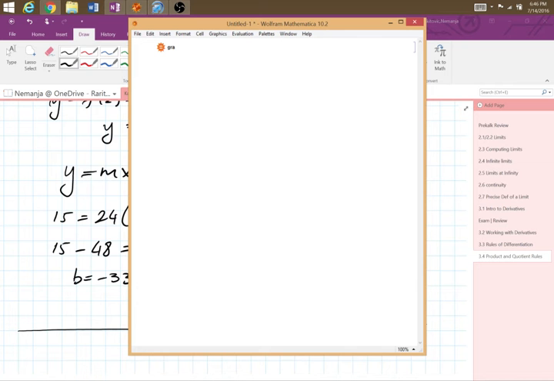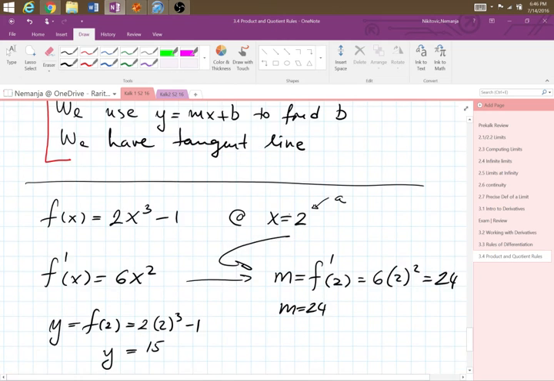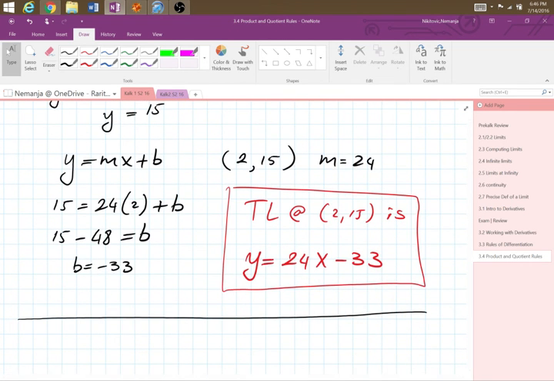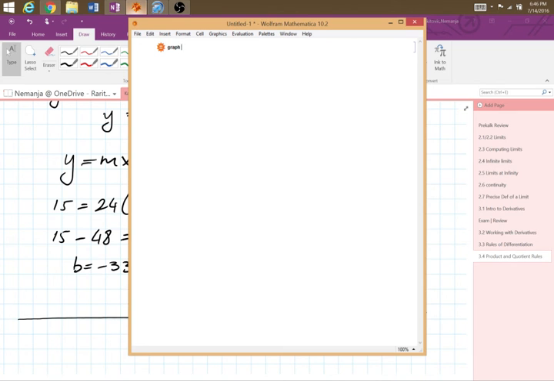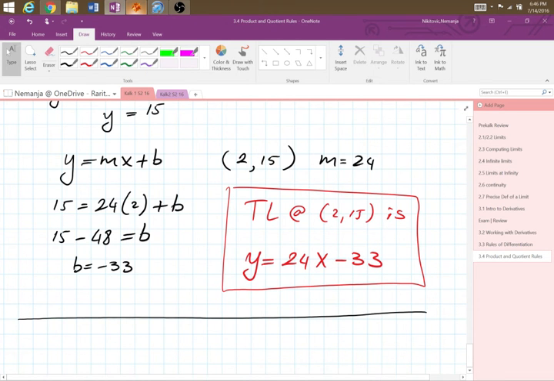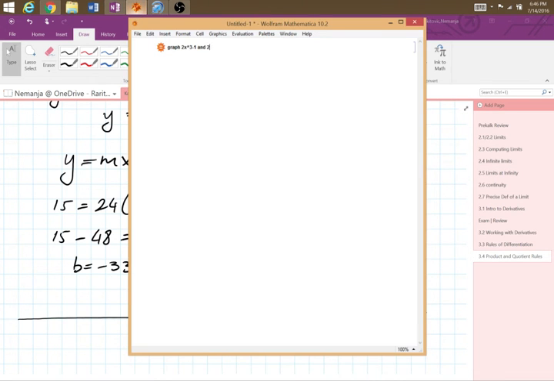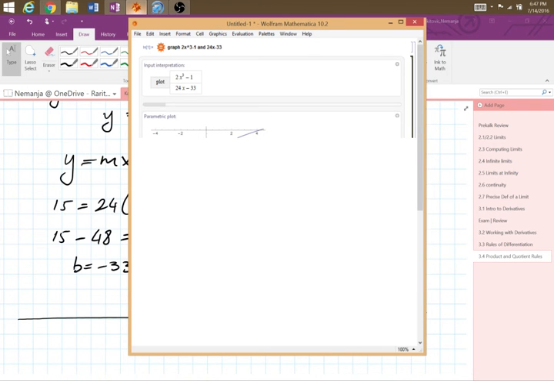So I'm going to say graph, and what were the functions? 2x cubed minus 1. So graph 2x cubed minus 1 and 24x minus 33. It will graph both of them in the same viewing window.